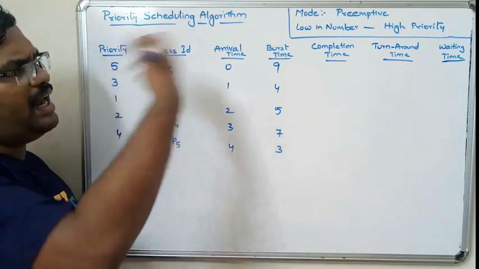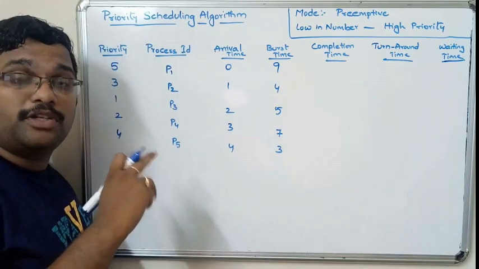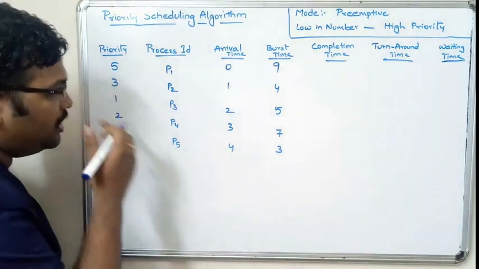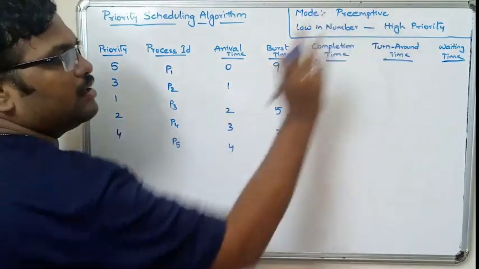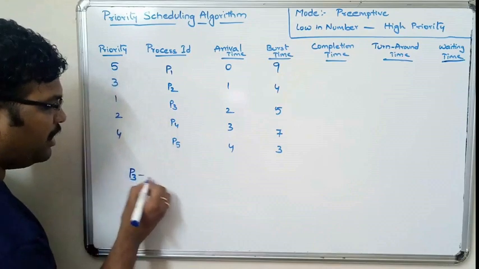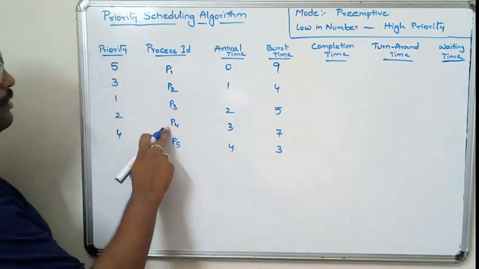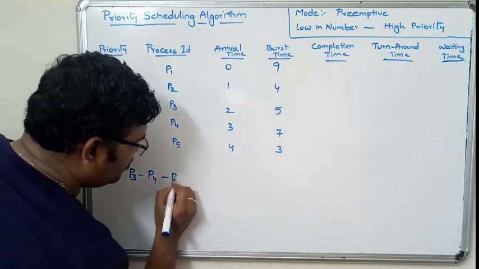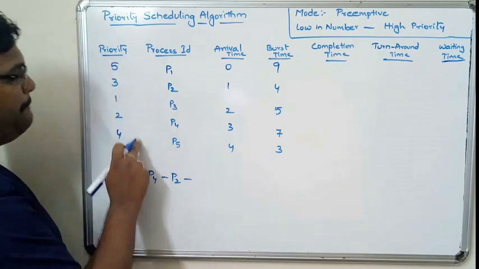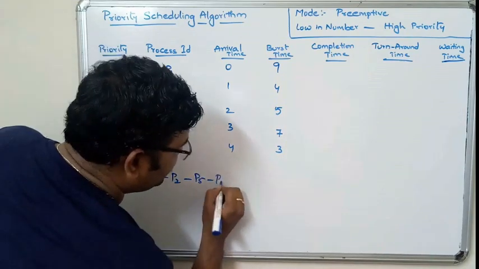Now before going to the arrival time and burst time, first let us see which process has the highest priority. As we know, lower number means higher priority. So first P3 has the highest priority, then P4, then P2, then P5, and at last P1.